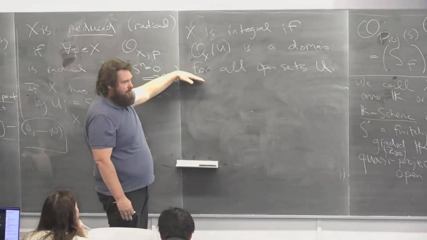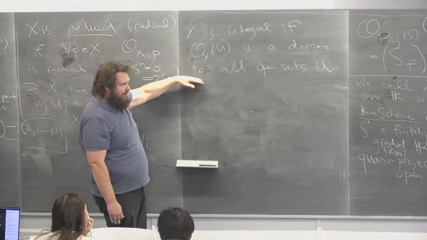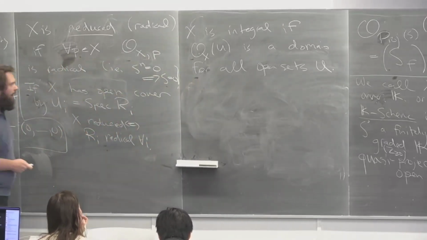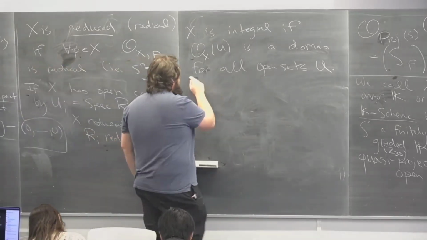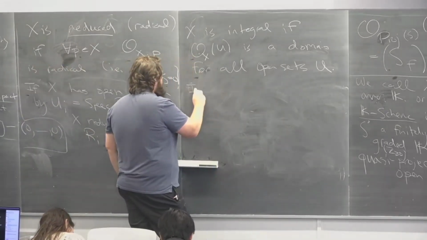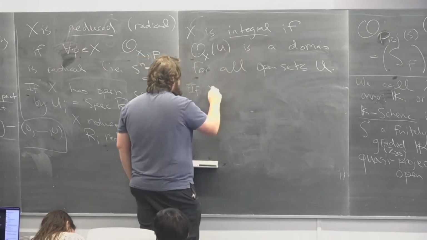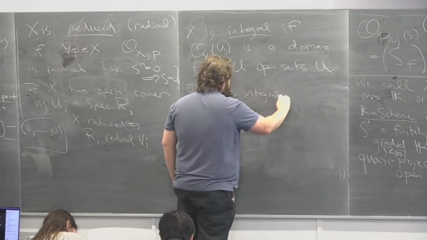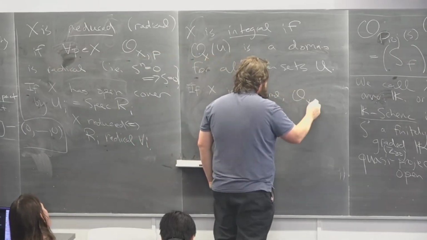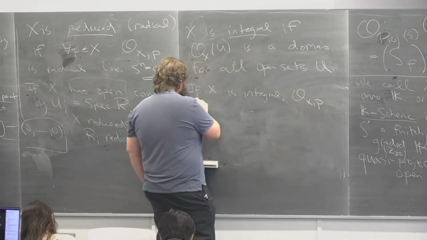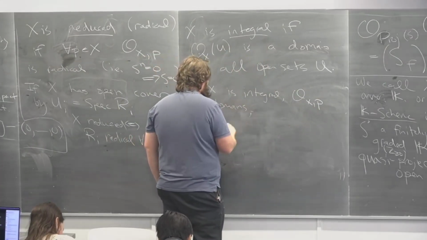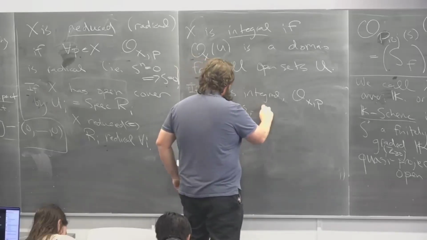So it's sort of important. This is not a stalk local property. It's not a property you can check by just checking something about each stalk. So if X is integral, then these local rings are domains, but that's not enough to check.